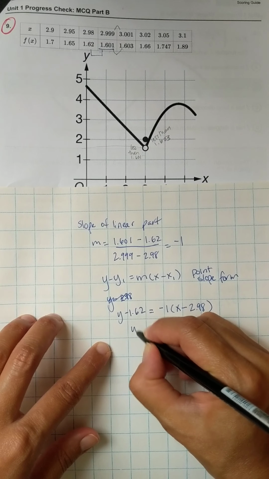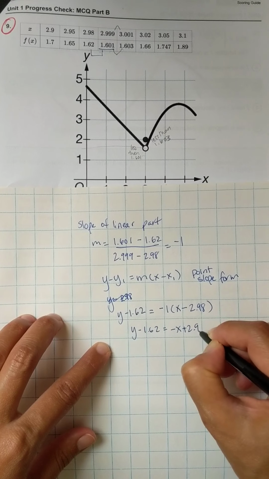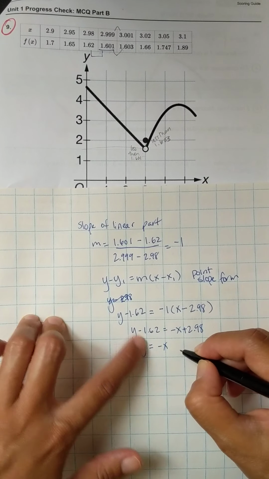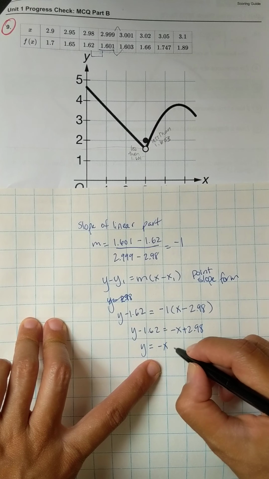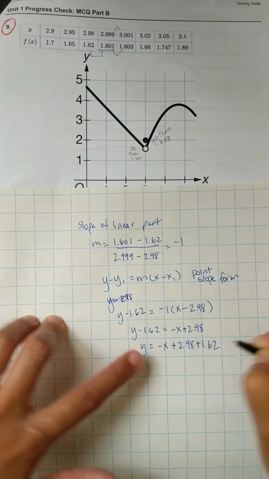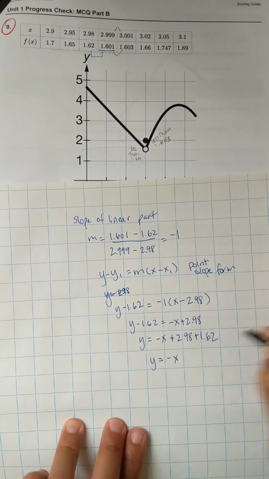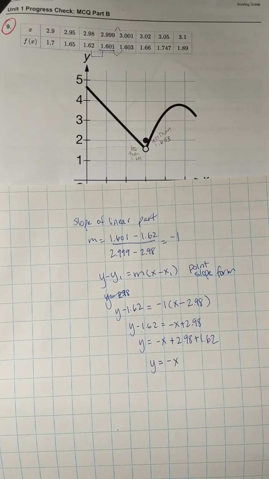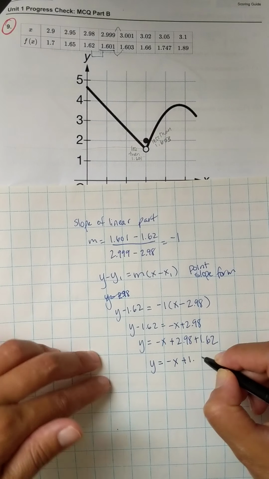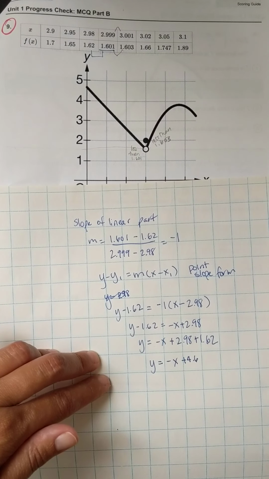And then we can simplify it. Distribute that -1 through, and then I know it's going to be -x when I move that 1.62 to the other side, plus 2.98 plus 1.62 ends up becoming y equals minus x plus 4.6 when you add those up.